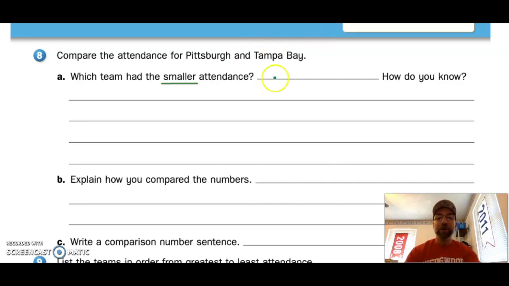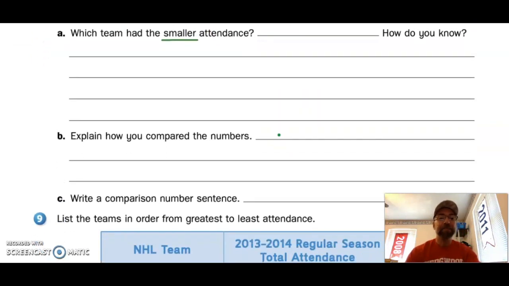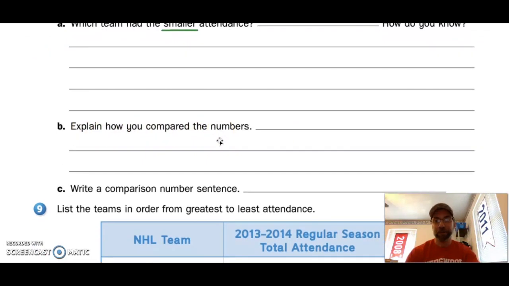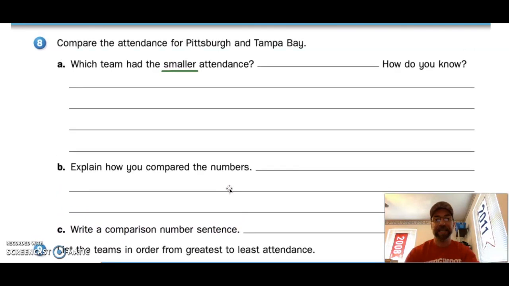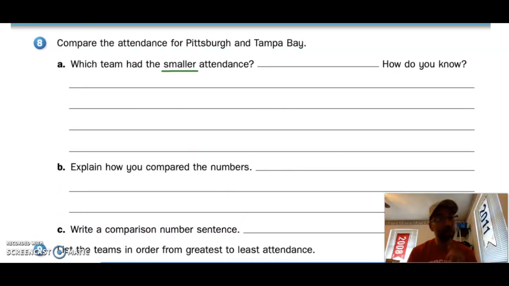How do you know? You're going to explain and then explain how you compared the numbers. And write a comparison number sentence. Go ahead and complete problem number 8. Hit that pause button. When you're done, hit play so that we can go over our work.